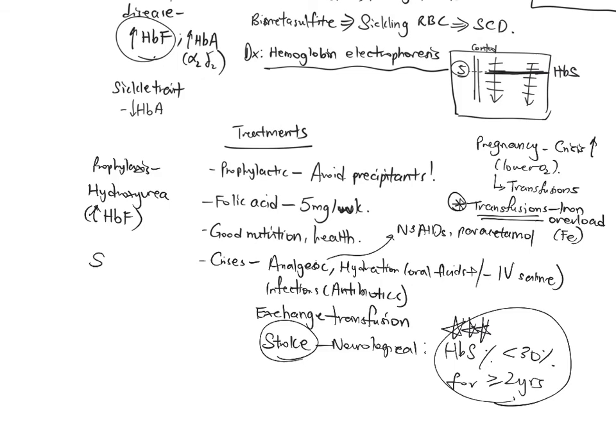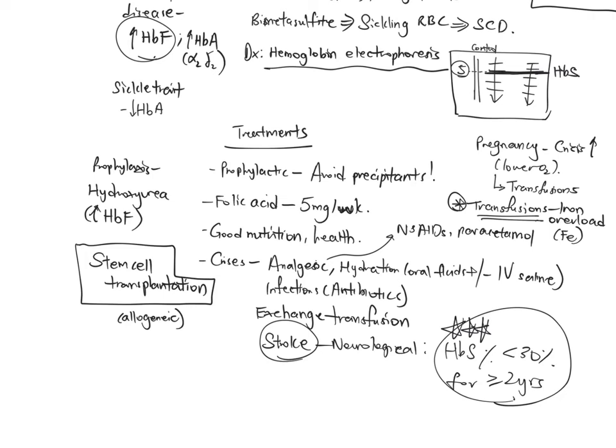One of the definitive treatments is stem cell transplantation. So we are replacing the patient's stem cells with a donor or an allogenic stem cell, and that is a cure.